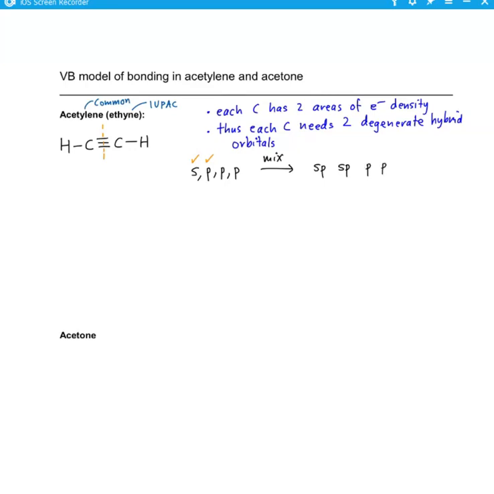The remaining p orbitals that we did not use in the hybridization process just come across at the same energy level to be part of the new set of valence orbitals. So this is the set of valence orbitals on an sp hybridized atom.